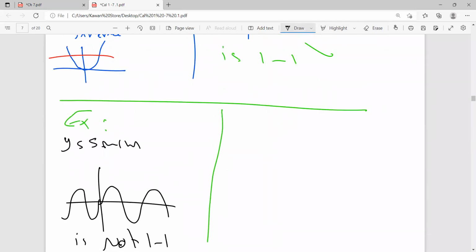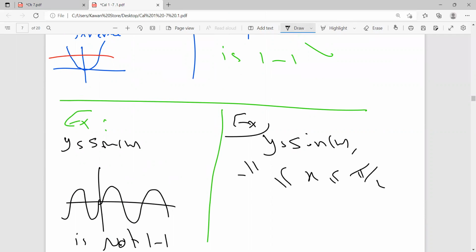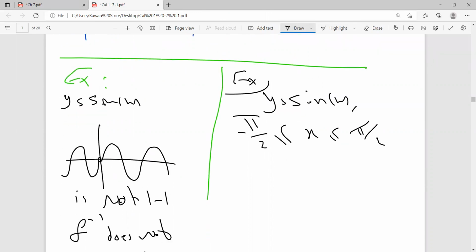Now, how about the same example, but I'm going to do something else. I say that x is between pi over 2 and minus pi over 2. Can you imagine the graph? Where's pi over 2? Where's minus pi over 2 here?